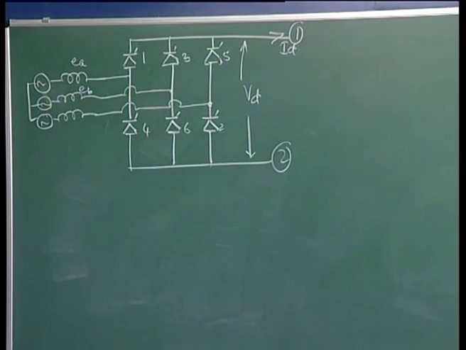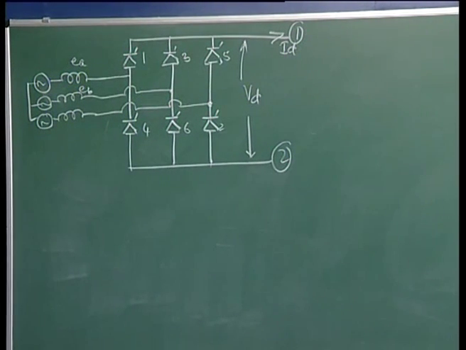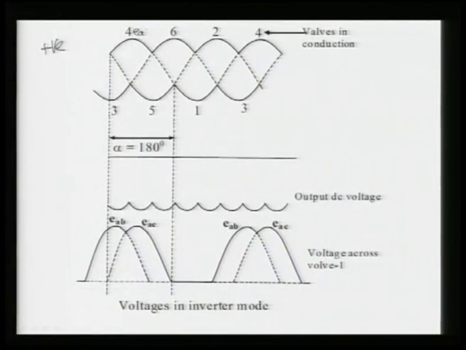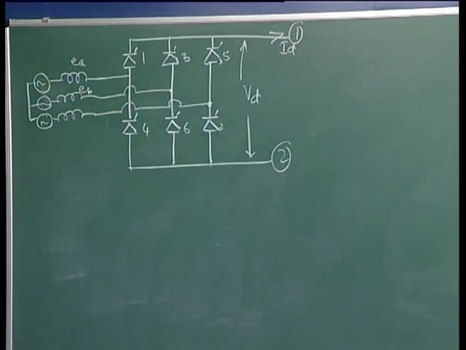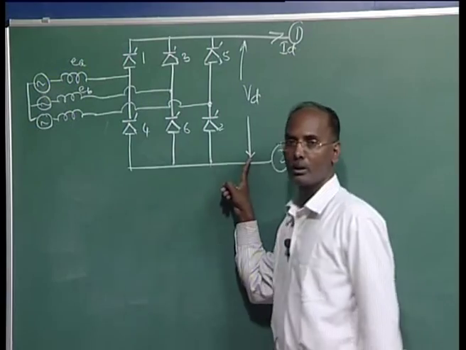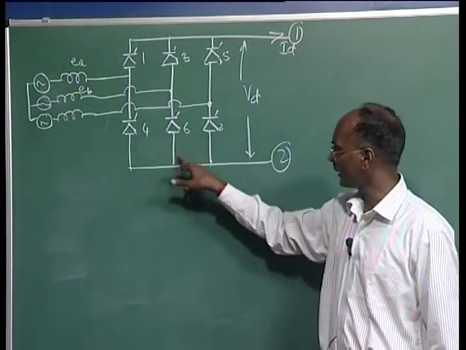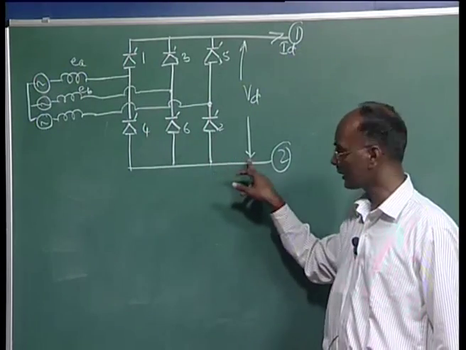Now, you can also see if valve 4 is conducting, what will be the output voltage at that limb. Valve 4 is connected to phase A, so if this is conducting, the voltage here will be your phase A voltage EA, and similarly if 6 is conducting, then EB, 2 is conducting, then EC.